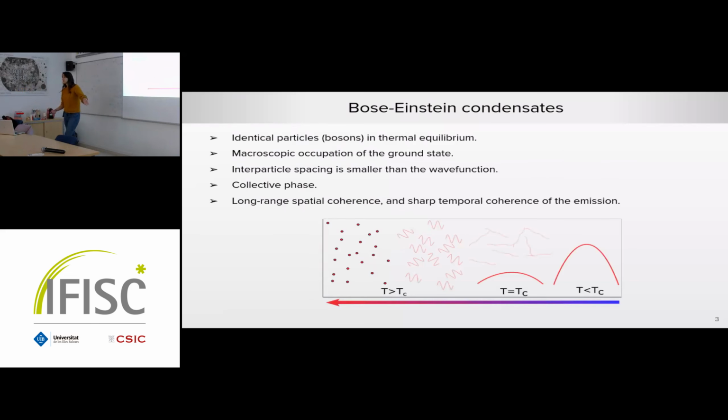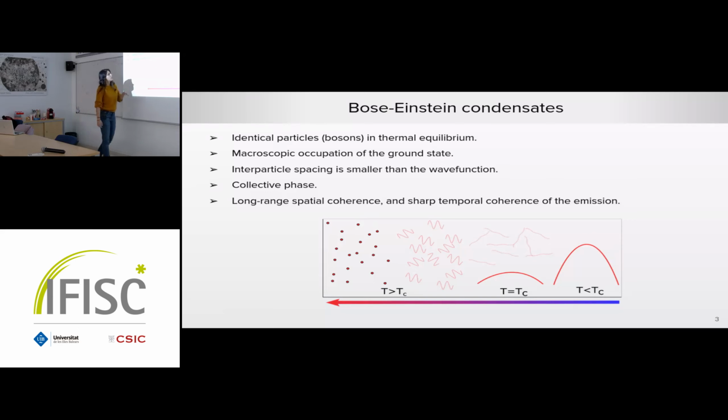Okay, so Bose-Einstein condensates are a state in which you have macroscopic occupation of the ground state. The idea is that you have a box with a thermal gas in equilibrium, and there is some thermal agitation, and as you cool down the gas, this thermal energy decreases, and the interspace between the molecules of the gas gets smaller.